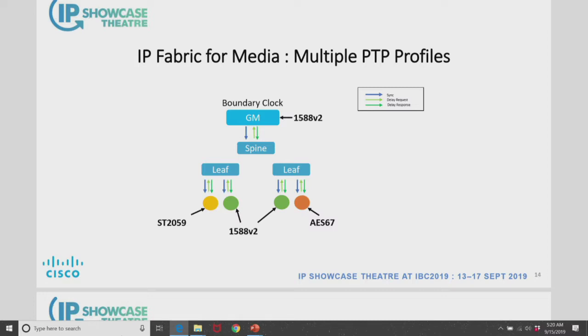The leaves will deliver, per port, either AES67, 1588, or 2059, depending on the endpoint requirement. This is a misconception in the industry that affects us when we deploy, because when you deploy 2059, there is a tax of these management packets. That's a problem, so keep that in mind.